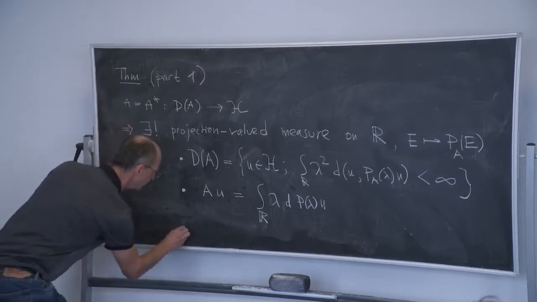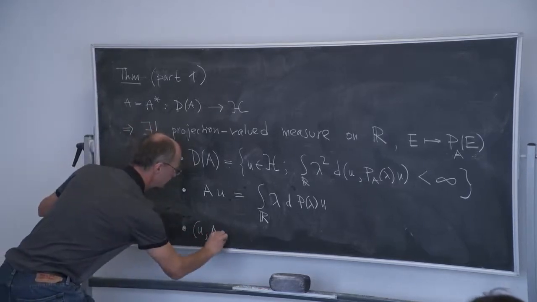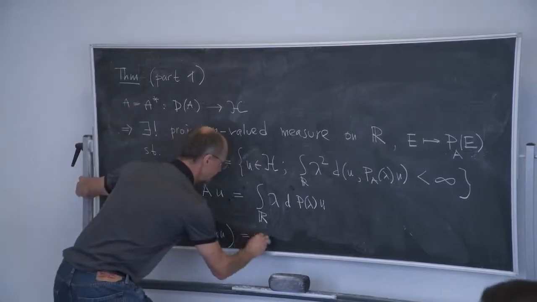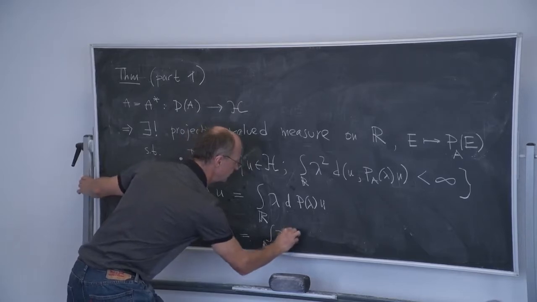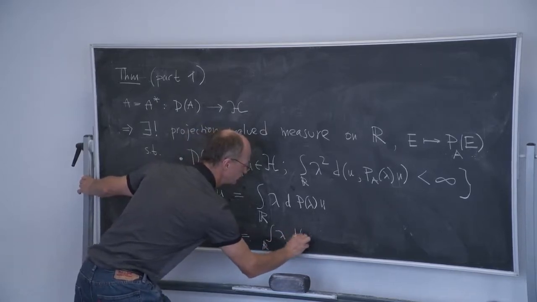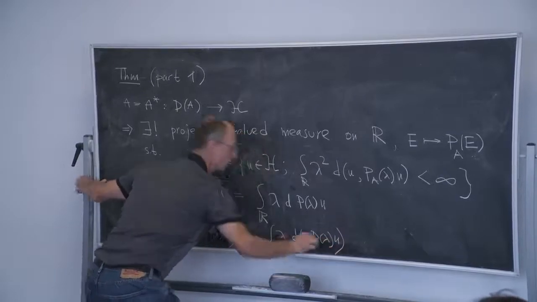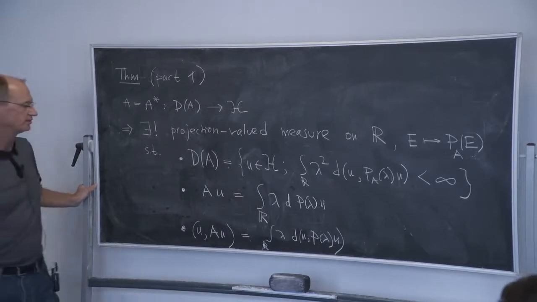And maybe let me write for completeness one more formula. So the quadratic form of A is equal to the integral over R, again of a linear function, and now with respect to the normal measure. Right.